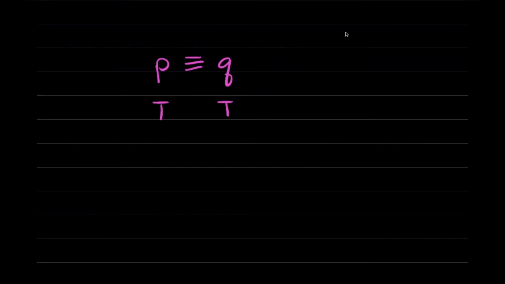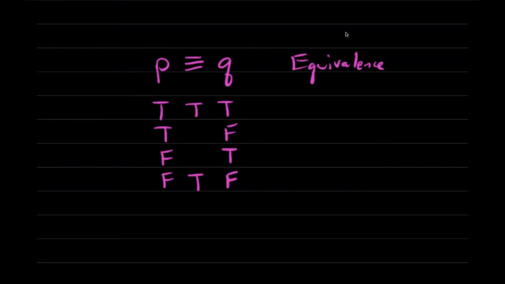Either P and Q are both true, or P is true and Q is false, or P is false and Q is true, or P and Q are both false. So the name of this operator, equivalence, really helps here. What we're really looking for is whether these two components, P and Q, are equivalent or not, if they have equivalent truth values. If the answer to that question is yes, they have equivalent truth values, you'll end up with a true biconditional. And that happens in 2 rows, in the first row and in the last row.